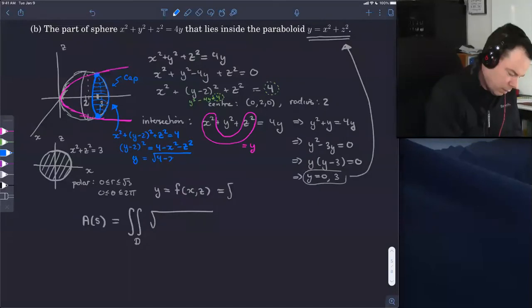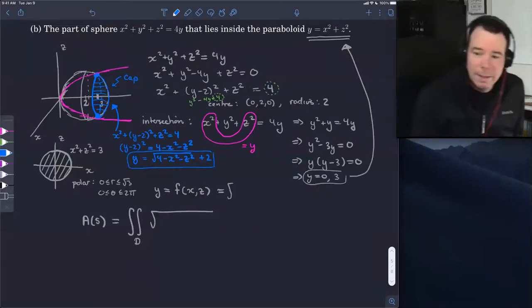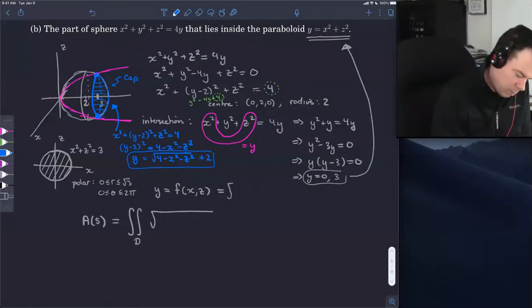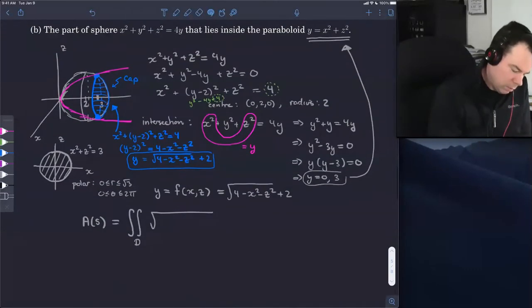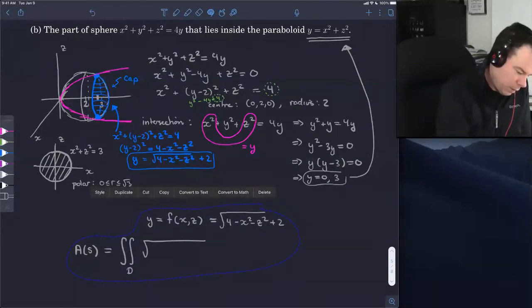So that's the square root of 4 minus x squared minus z squared, and then the 2 moves over as a plus 2. So that's the representation for that right-hand hemisphere, in particular that cap. And so that's the function we're interested in when we're doing our integral. I'll move it down a little bit just to get it out of the way of the rest of the calculations.